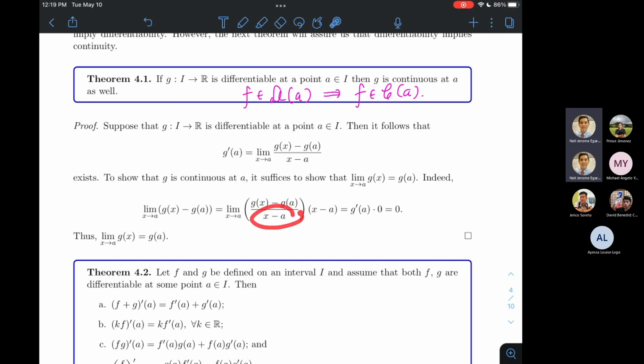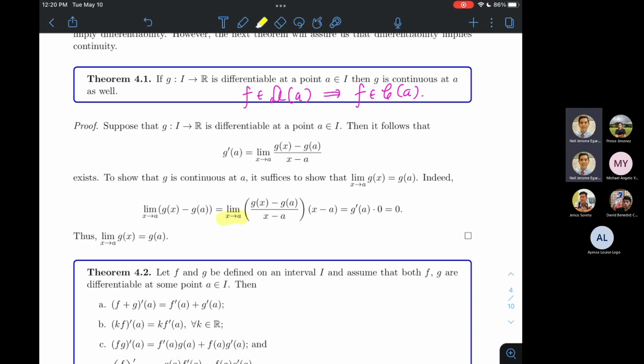And dividing by x minus a is fine because you might be thinking, well, hold on, sir. Why are you dividing by x minus a? Kasi baka naman si x minus a ay equal kay 0, right? But note that the key thing here is that we're looking at the limit as x approaches a. So we don't care about the behavior of the argument of the limit sa eksaktong x equals a. What we are interested in is what happens when x approaches a.